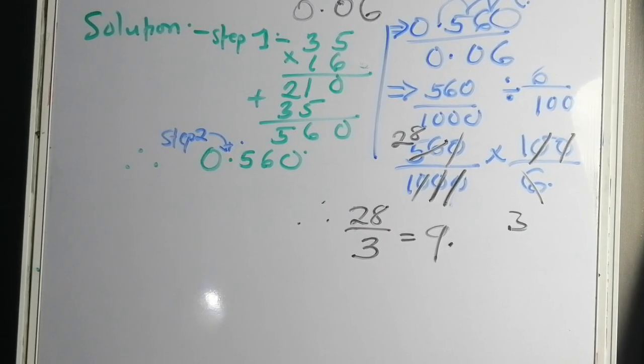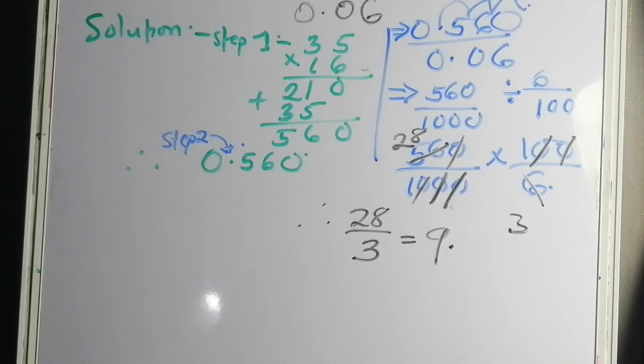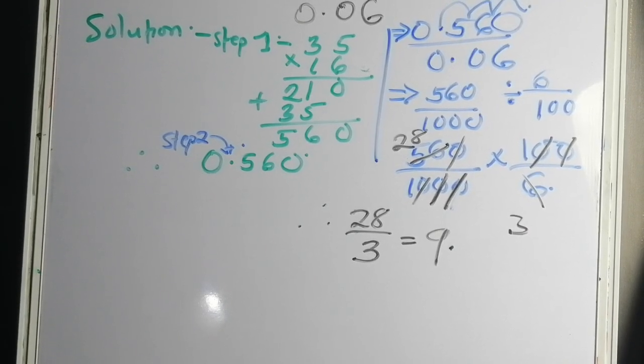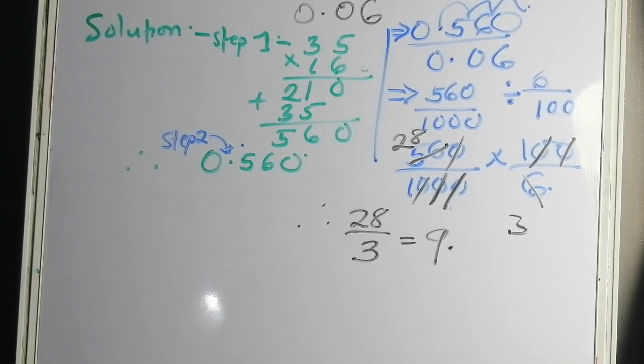28 divided by 3. So you cancel your zeros out first. Then you look for a number that can divide both the numerator and the denominator. 2 can divide 6, it will give you 3. 2 can go in 56, it will give you 28. So 28 divided by 3. 9 times 3 is 27.